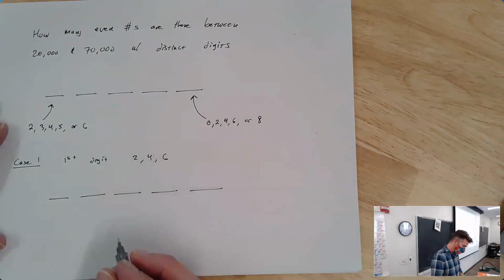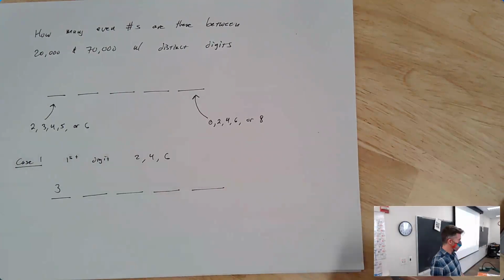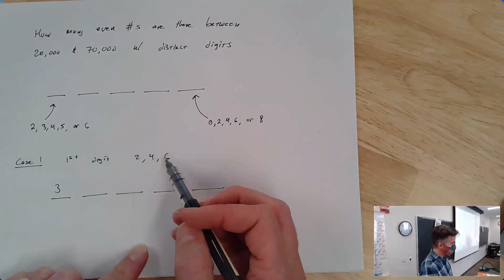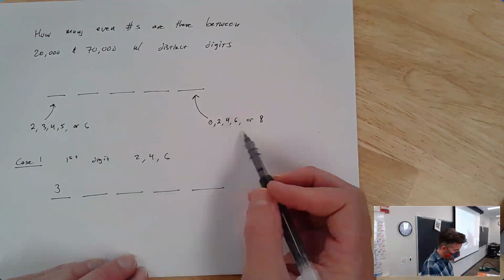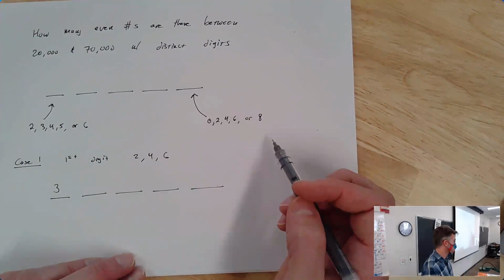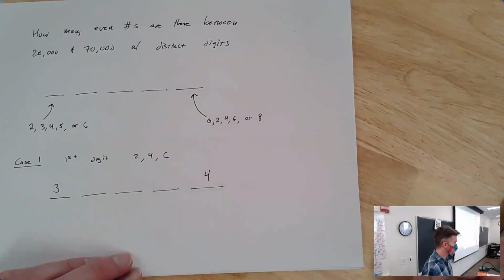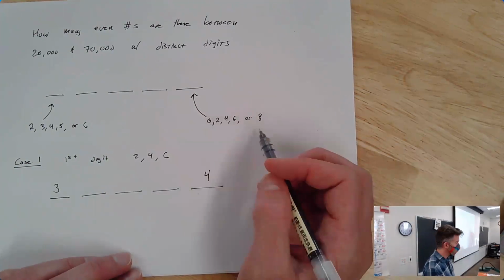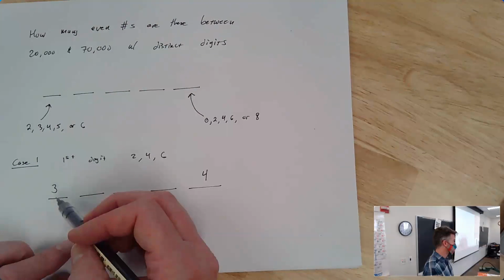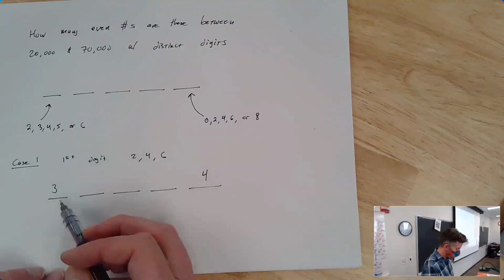So we have 3 choices for the first spot. And if we use one of these even numbers, how many choices do I have left for the last spot? Well, 4. Right? There were 5 even numbers to pick from, but I've already used up one of them in the first spot. Maybe it was 2, maybe it was 4, maybe it was 6.